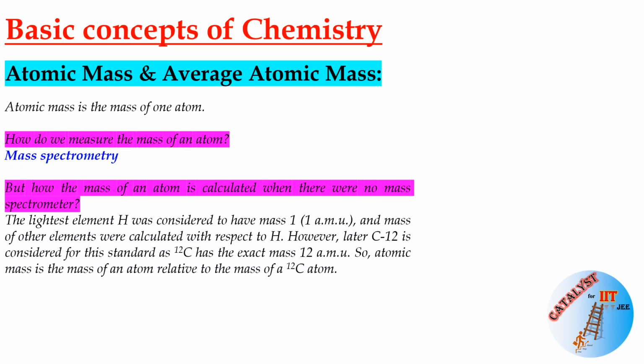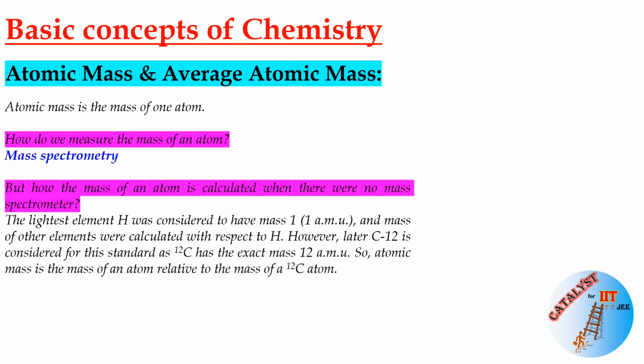Now the lightest element was hydrogen, correct? They considered that the lightest element, hydrogen, has a mass of 1 atomic mass unit. And the mass of other elements was calculated with respect to hydrogen. Okay. But later, what happens? Later they found that the mass of hydrogen is not exactly 1 AMU, but the mass of carbon 12, which is the 12 isotope of carbon, has an exact mass of 12 AMU.